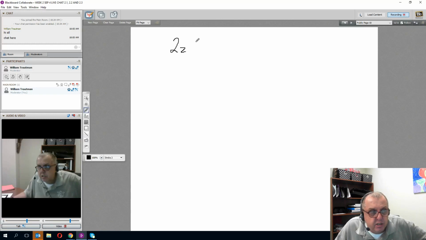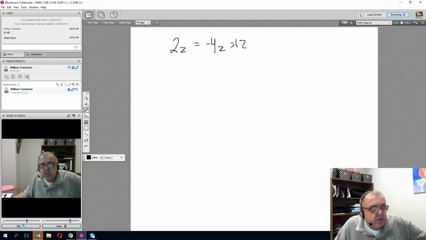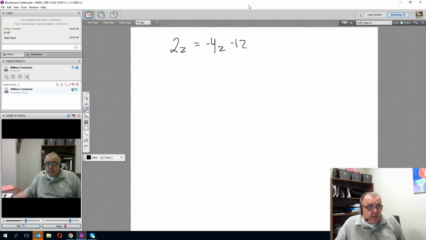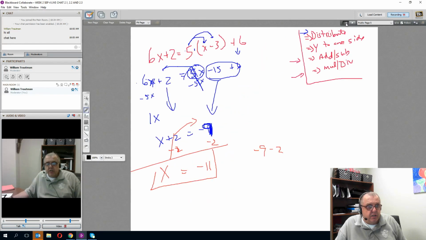2z equals negative 4z minus 12. Well, if we go back to our rules, very important. It says distribute. Well, in the problem we did, there was no distribute.